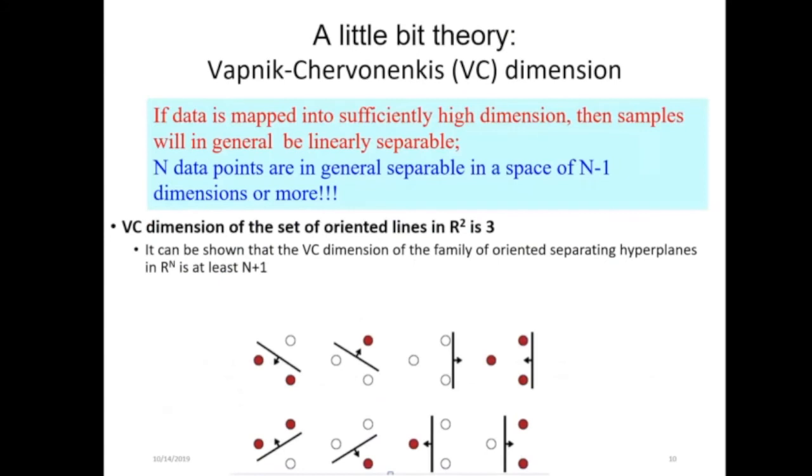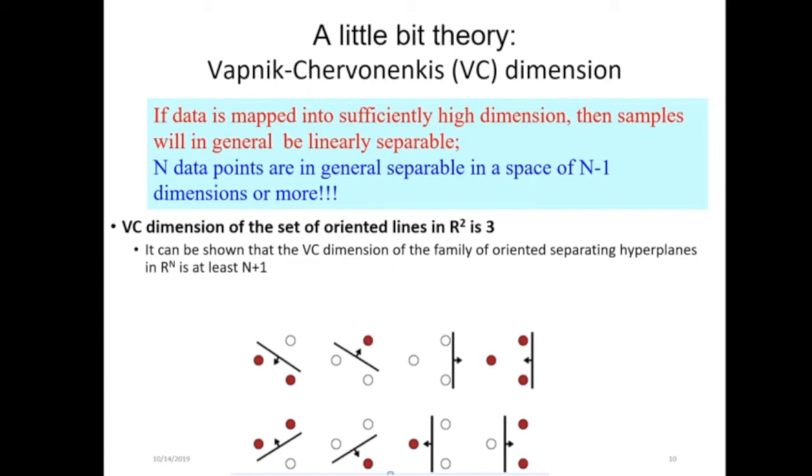Okay, all right. So a little bit of theory. Why do I want to map to a higher dimensional space? Let's look at the case when there are 3 points in your training data. You can separate them in R2 space.